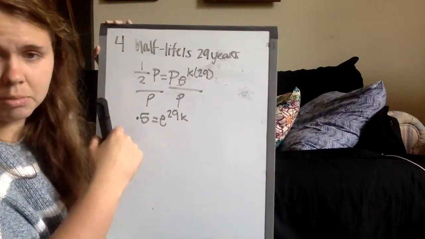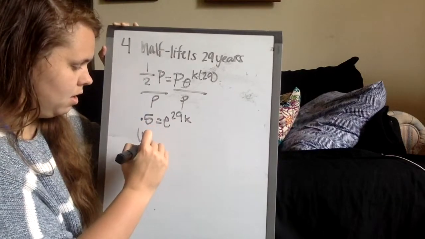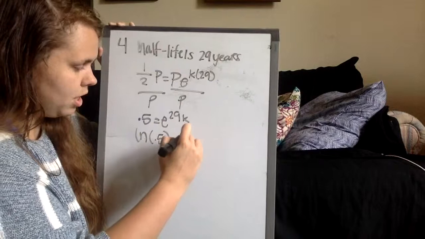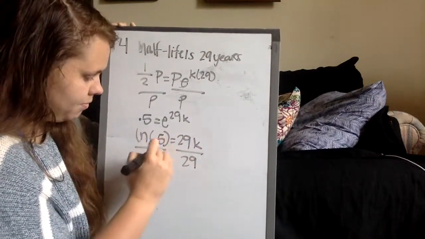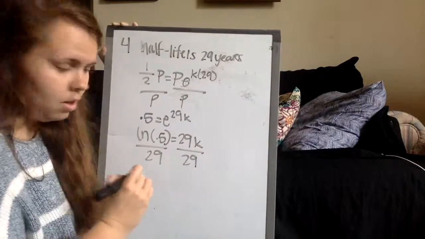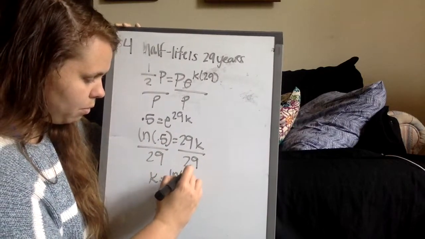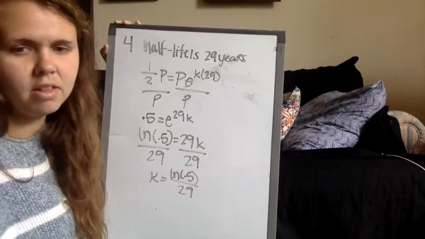And then I rewrite it in logarithmic form. So that's the ln of 0.5 equals 29k, and then we divide both sides by 29. So we get k equals the ln of 0.5 divided by 29, which I plug into a calculator.